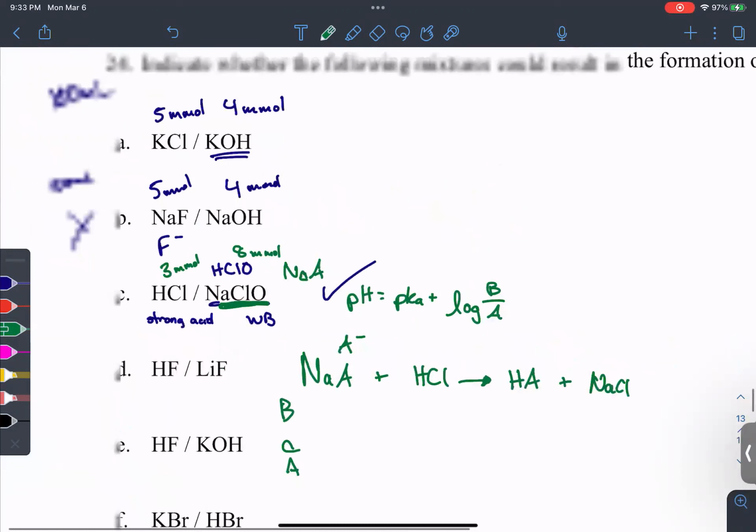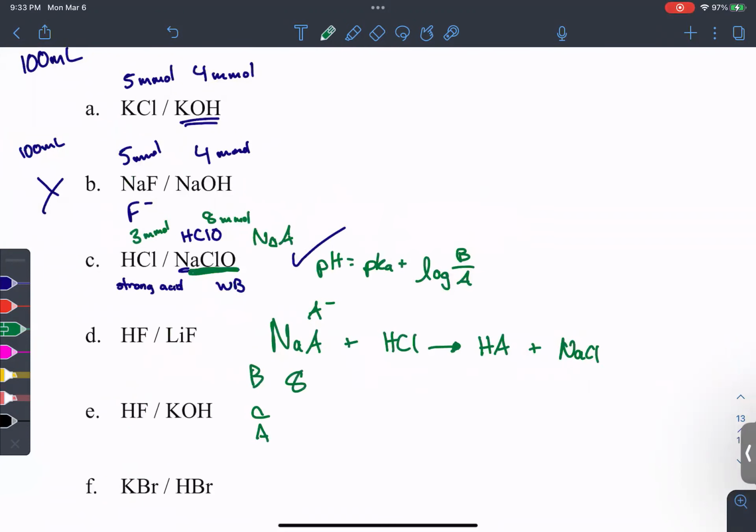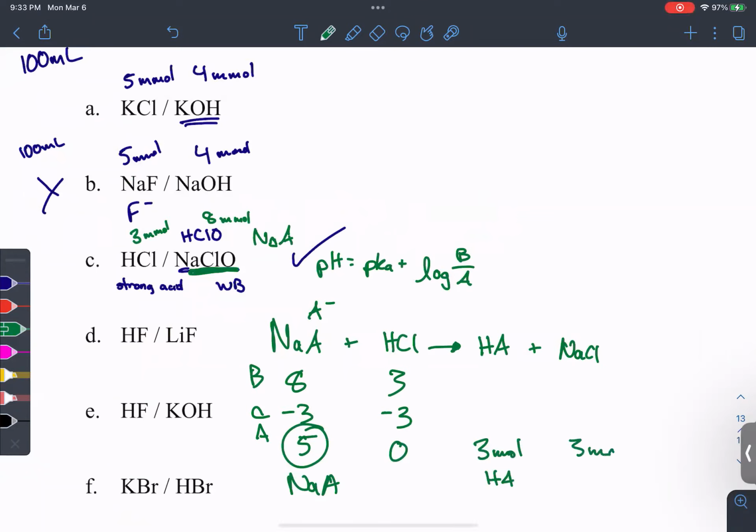Mole amounts go into the BCA table. So I have 8 millimoles of NaA. I have 3 millimoles of HCl. What's my limiting reactant? HCl, so -3, -3. I have 5 millimoles of NaA left. I have 0 HCl, and I have 3 millimoles of HA. I also have 3 millimoles of NaCl.